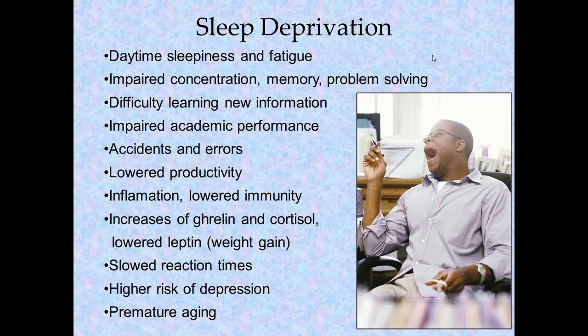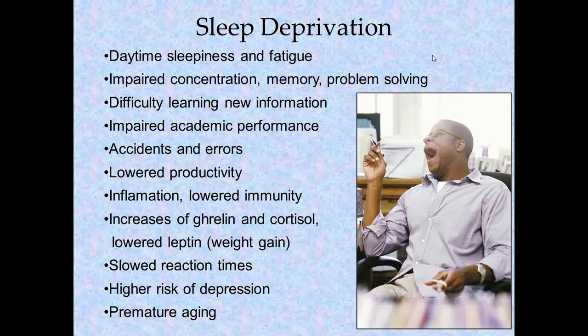Sleep deprivation increases inflammation in the body and can lower our immunity and make us more vulnerable to illness and disease. It also influences a number of hormones that are released, such as ghrelin, cortisol, and leptin. The net result of that then is weight gain.